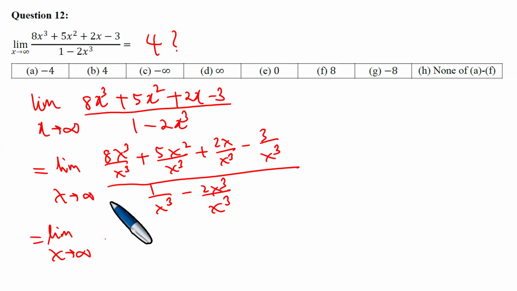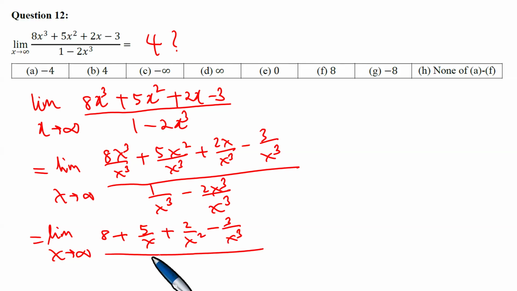As you divide, this is exactly 8, minus 5 over x, plus 2 over x squared, minus 3 over x cubed, all over 1 over x cubed minus 2.